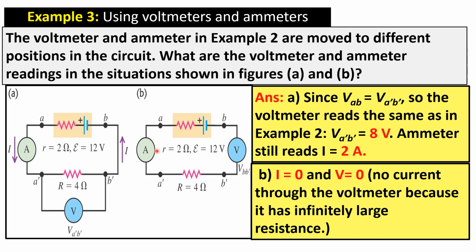No amount of current, no amount of charges per unit time, can be detected by the ammeter, even if the ammeter has almost zero resistance, because there is an obstacle somewhere in the circuit, at the point where the voltmeter is connected.